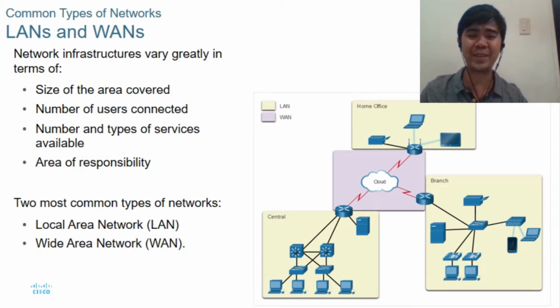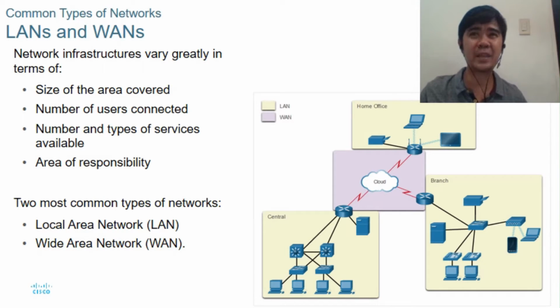Very important here in these types of network is that you can visualize its application. As in my example, if you connect computers at home, that's a local area network. If you connect bank branches, connecting branches of a company, that is an example of a wide area network.